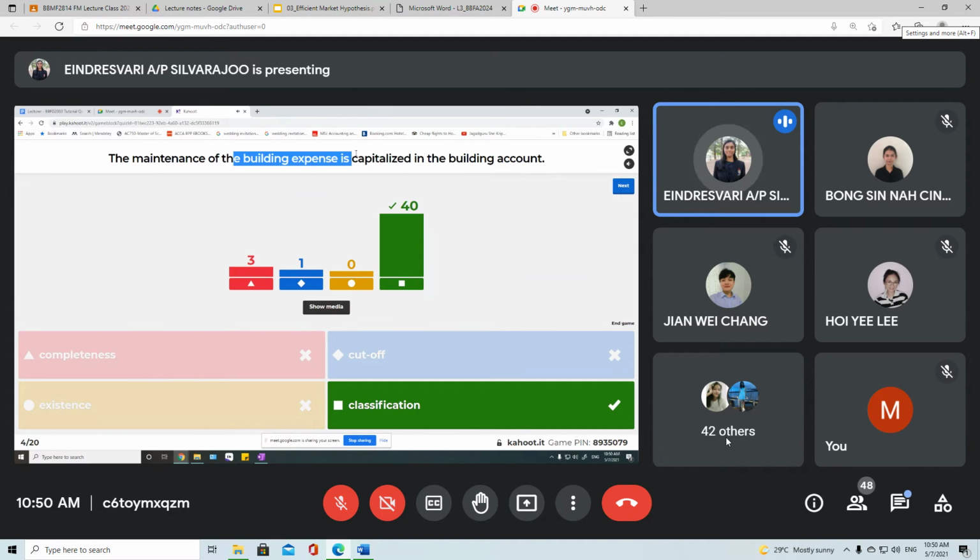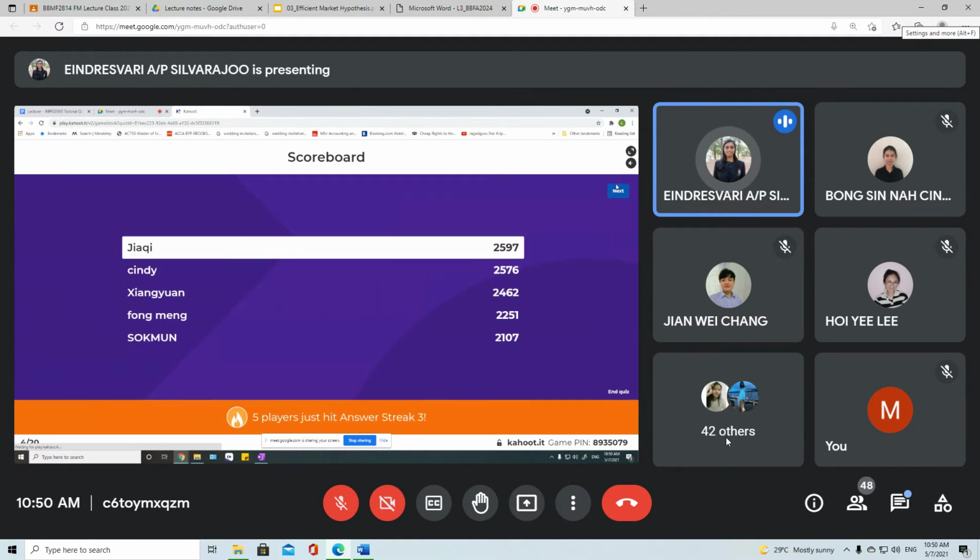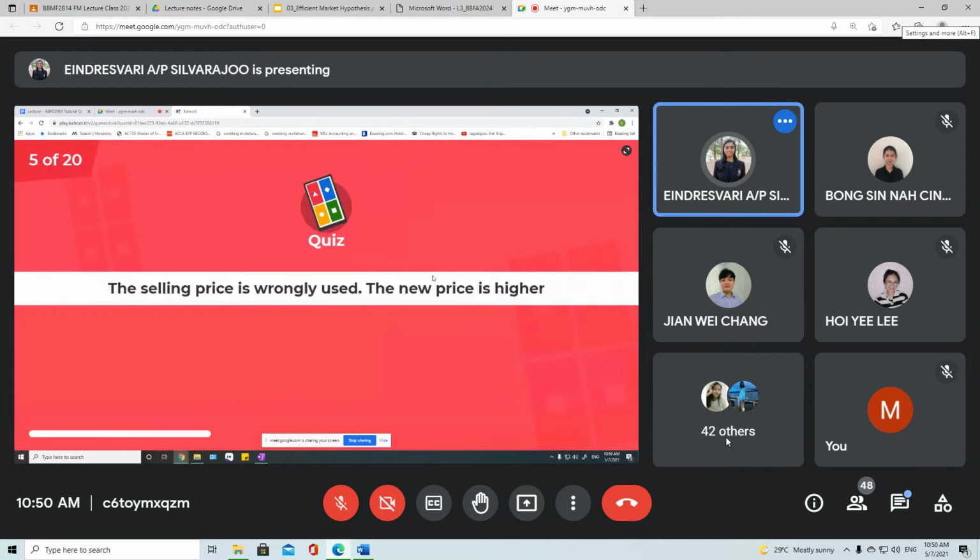Okay, maintenance is repair and maintenance expenses, but they go and capitalize. So it is related to classification.